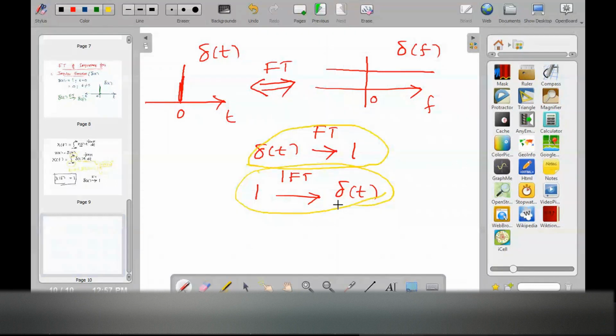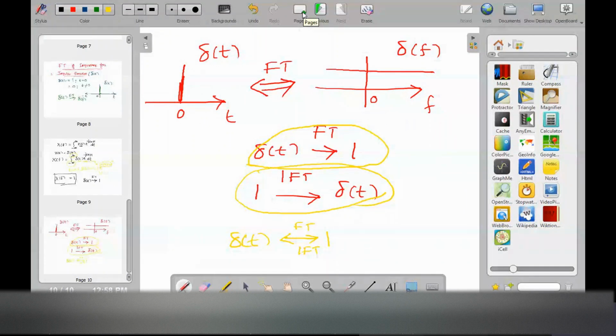Are these two things okay for you people? If you do the Fourier transform, you will get 1. If you do the inverse Fourier transform of 1, you will get delta of t. Is it fine? I'll go to the next page.